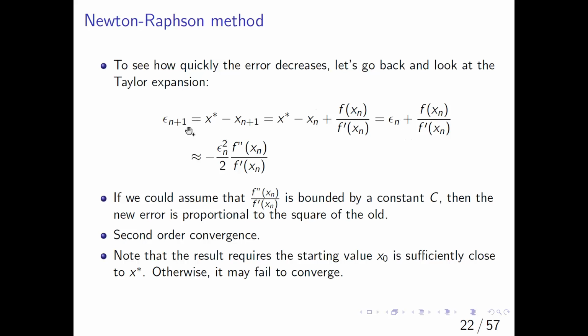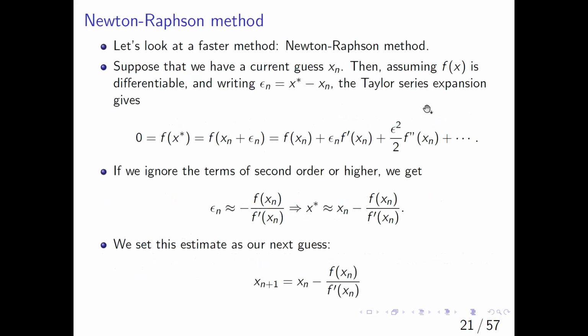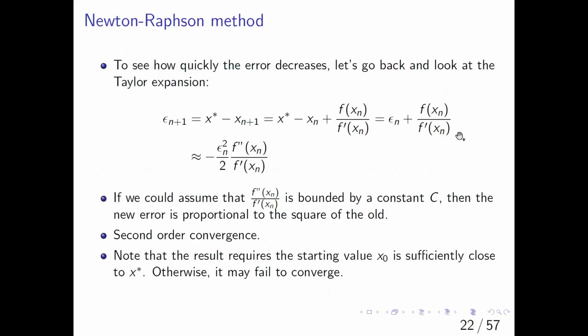So that means epsilon n plus 1 equals epsilon n plus this term. Now, if you look at the Taylor expansion previously, we ignored this term. Whenever you put it back, then we end up with this term.